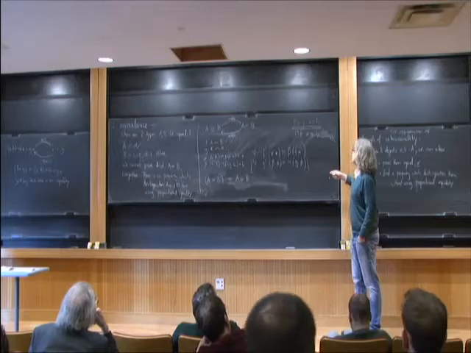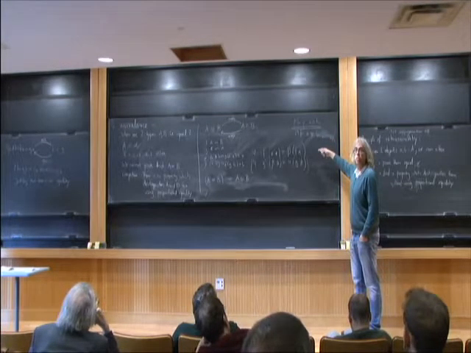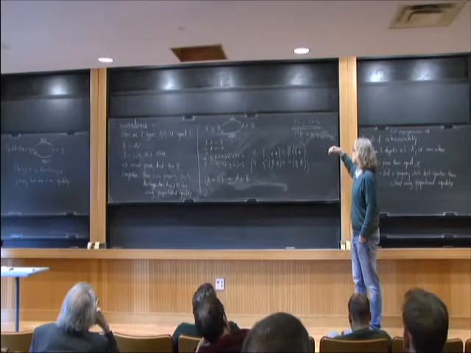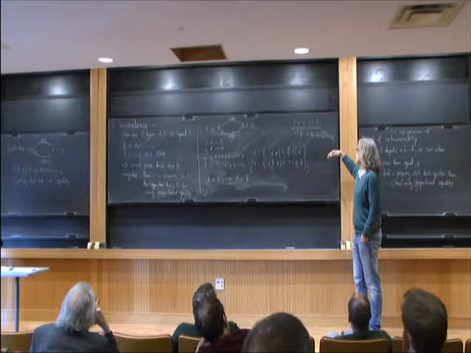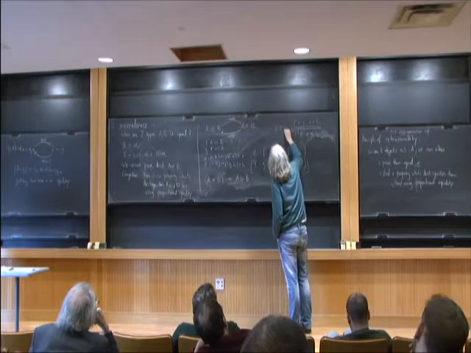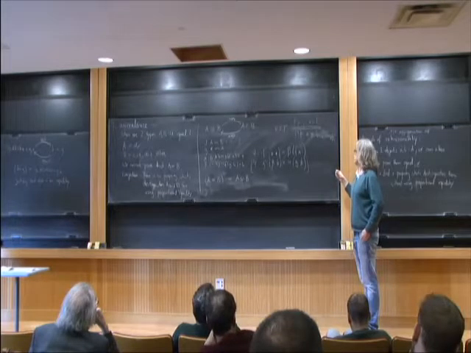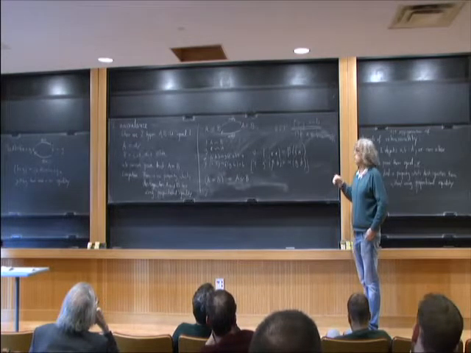And now if you have any proof, we can replace any proof by reflexivity. So in a way, in extensional type theory, uniqueness of identity proofs is already built in.